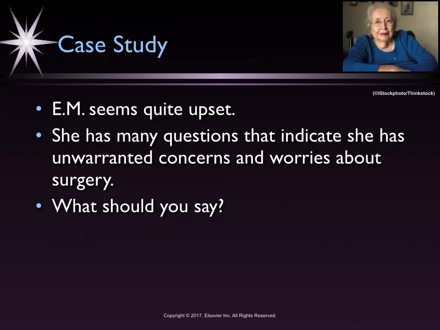So EM seems quite upset. She has many questions that indicate she has unwarranted concerns and worries about surgery. What should you say? Well, obviously we need to use therapeutic communication and ask her about her concerns.